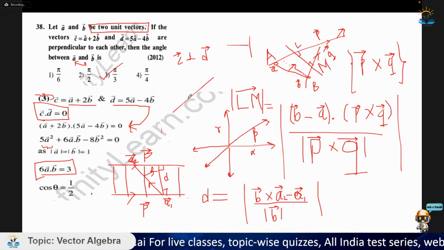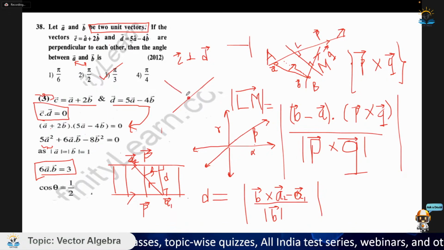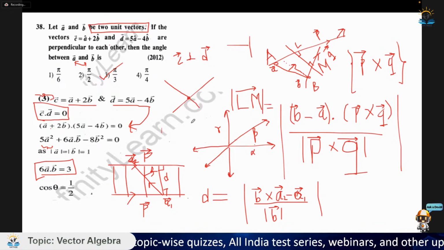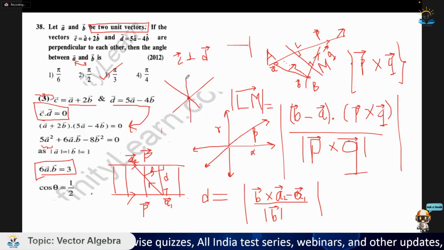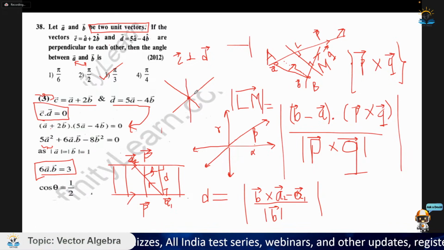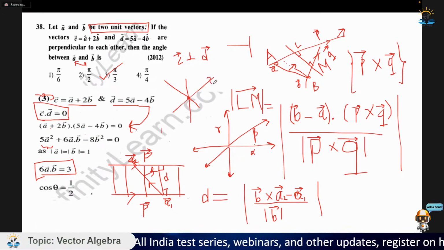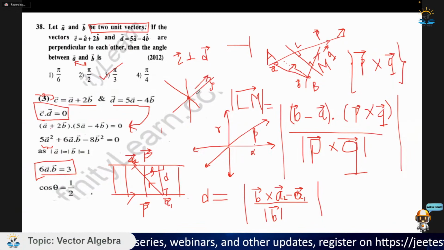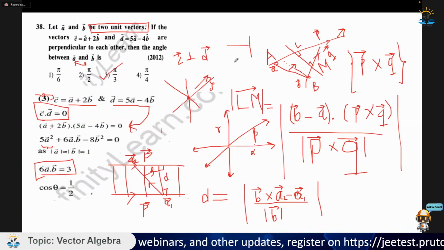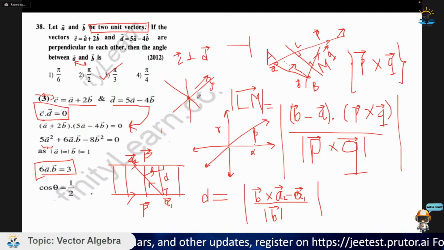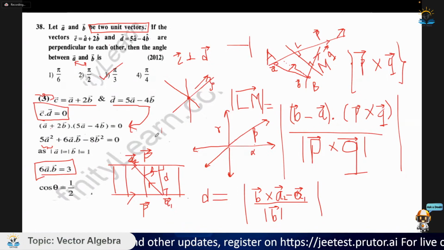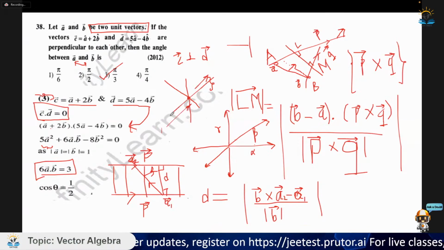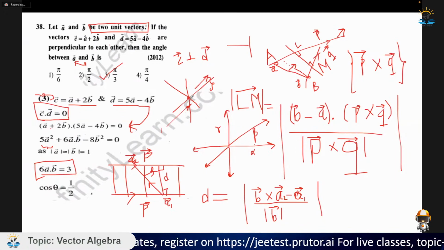It is passing through a special point, but this line is also passing through a special point, and this line is also passing through a special point. So we can say that this line is passing through a special point and a special direction. So I cannot introduce any other vector in this direction, provided it passes through the same point.